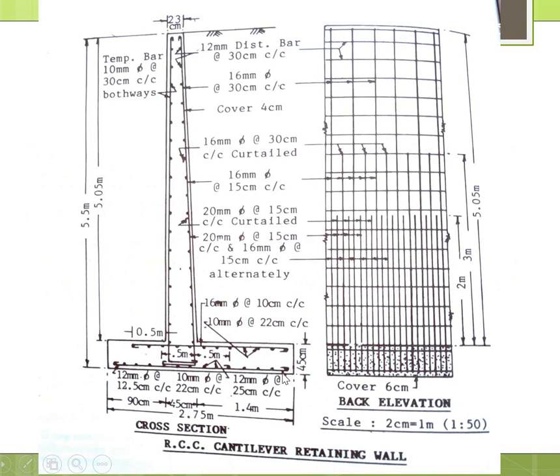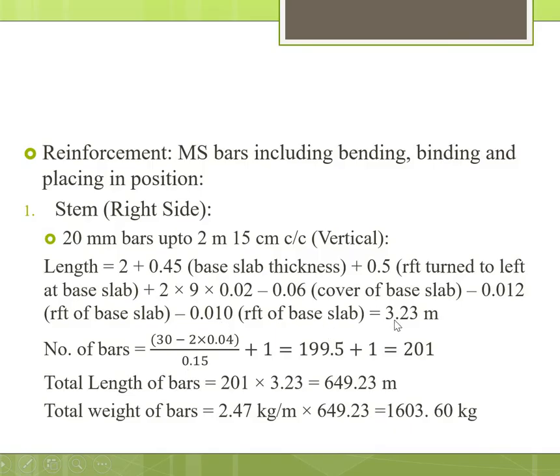In addition to the cover of the base slab, this lower bar and this distribution bar also have to be subtracted, because you can see this 20 mm bar is lying over these two bars and the base cover. So you have to subtract all this and you will get the length as 3.23 meter.